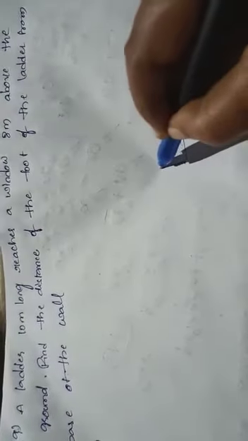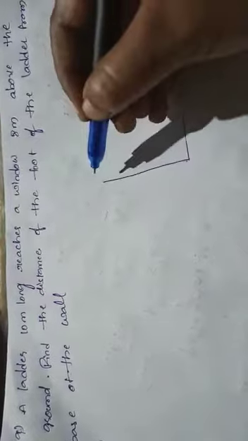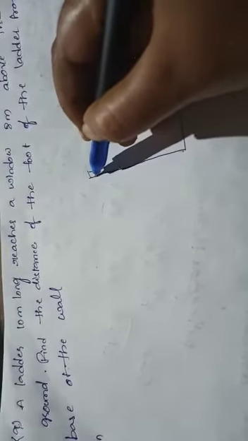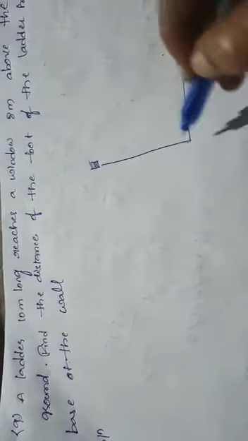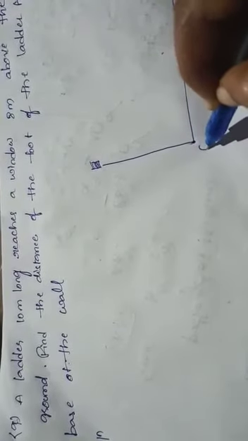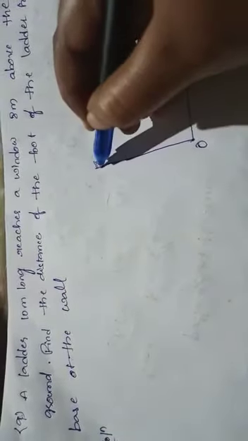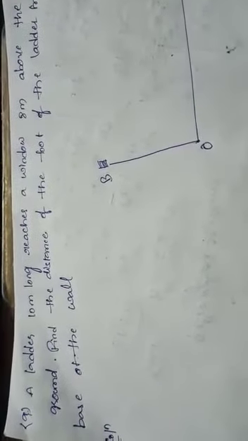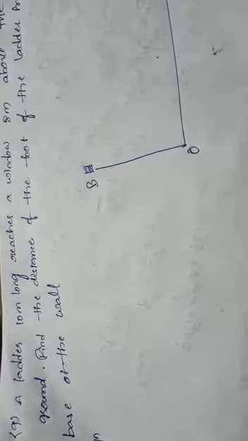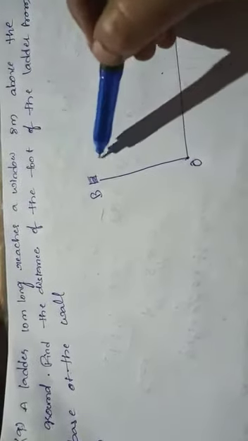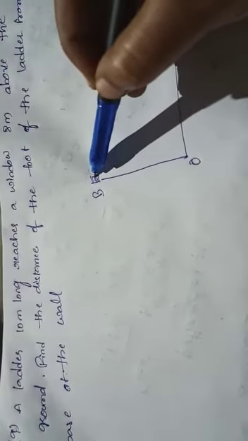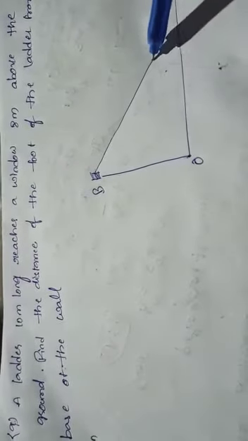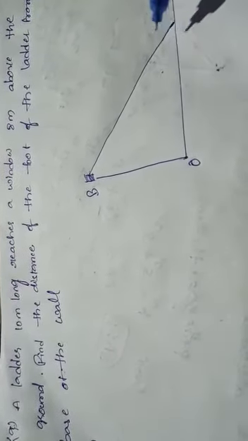This is the wall. Suppose this is the wall and this is a window somewhere here. This point is O and the window is at B. This is the ladder.